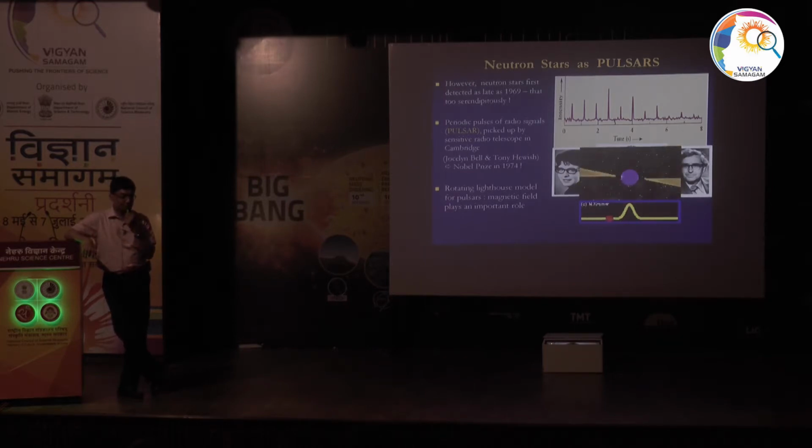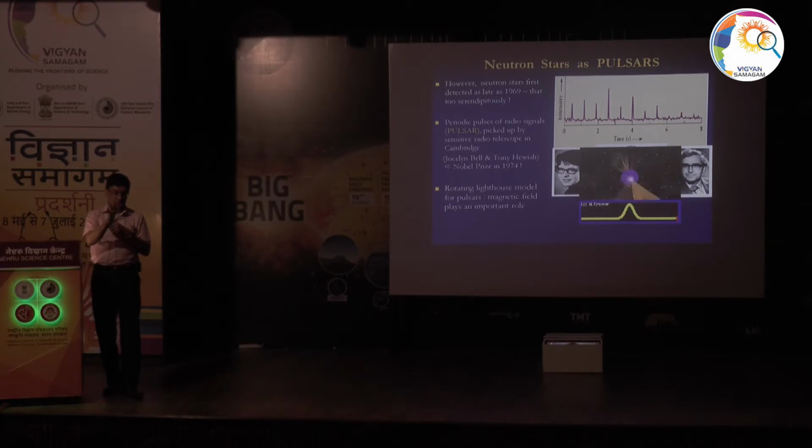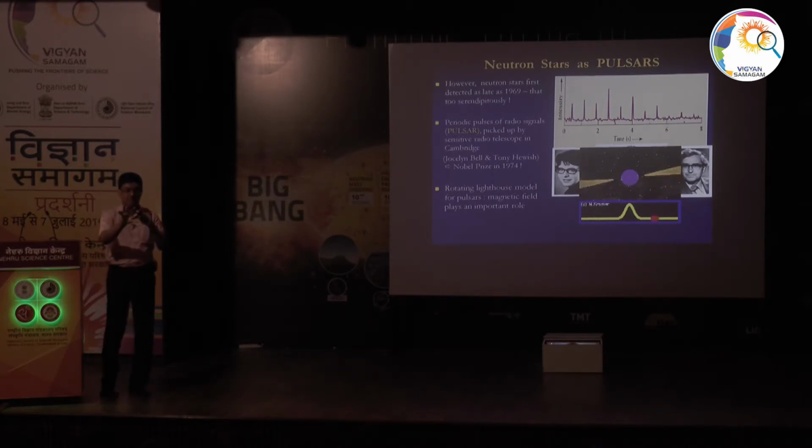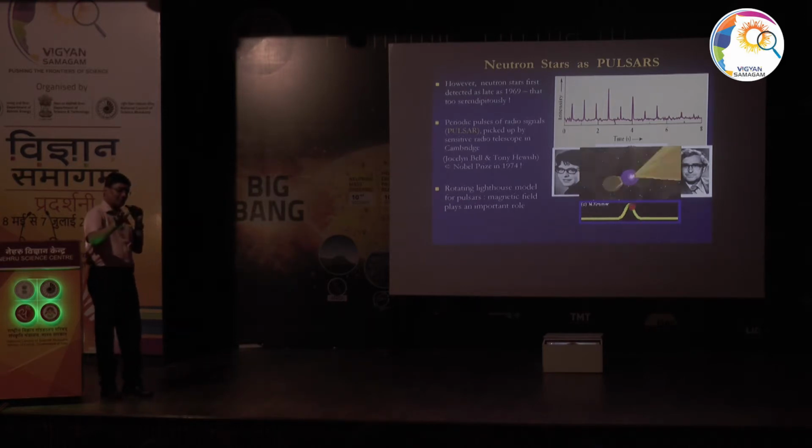Okay, but you had a question? Yeah. Sir, in this image, every alternate pulse seems to have a similar kind of intensity as compared to the adjacent one. Correct. So does that mean that in that pulsar, one of the beams is exactly pointing towards us and the other is not? Correct. That is because that angle is not 90 degrees. The lighthouse has only one beam, but you could imagine one having a beam going in the other direction.